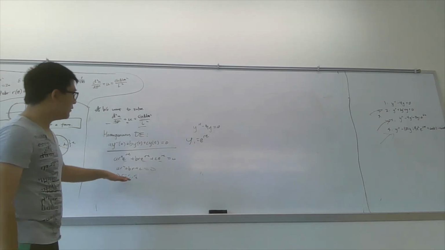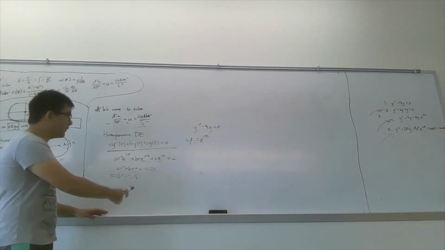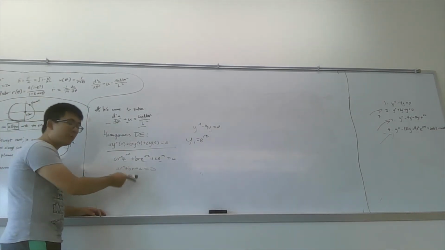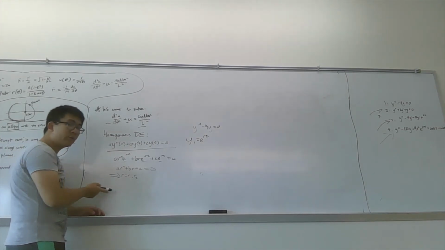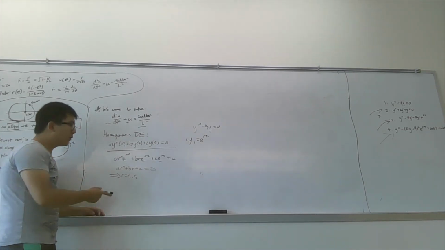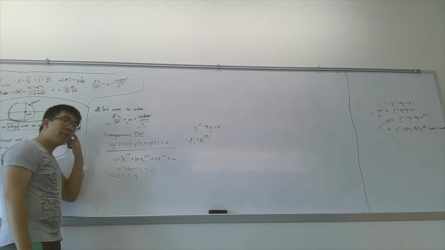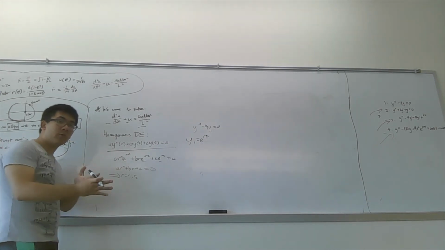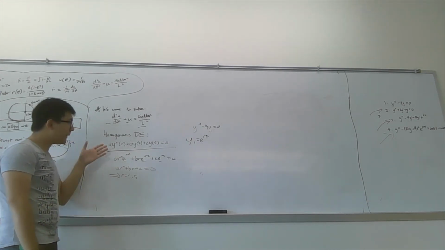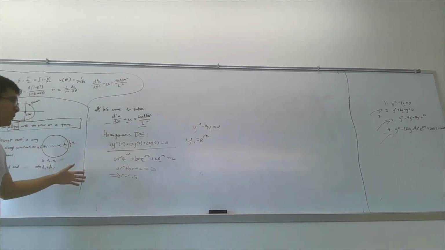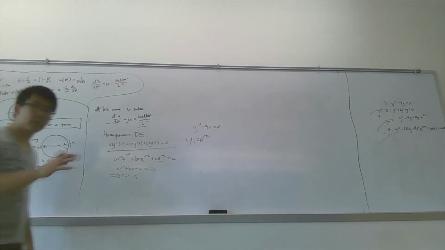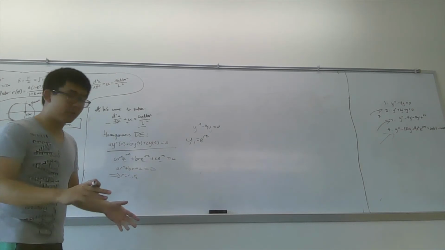And usually, depending on if you have two real roots, or just one real root when the discriminant is 0, or two complex roots, you have different general forms of the solution to the homogeneous differential equation. We'll derive all the general forms later.